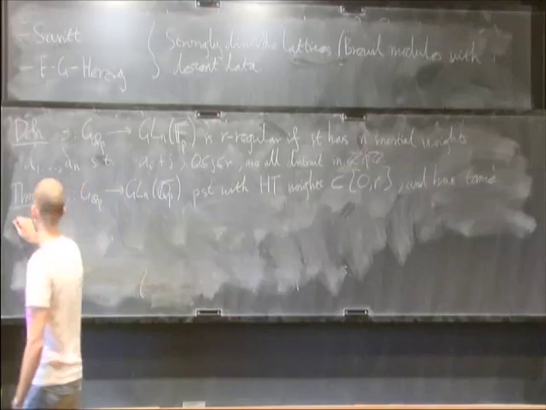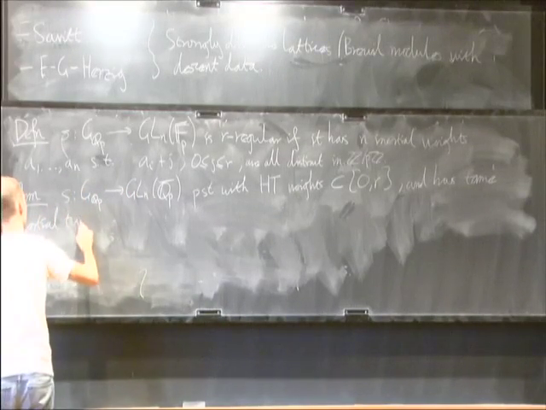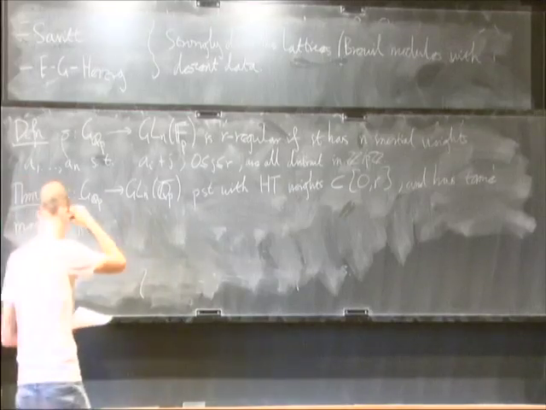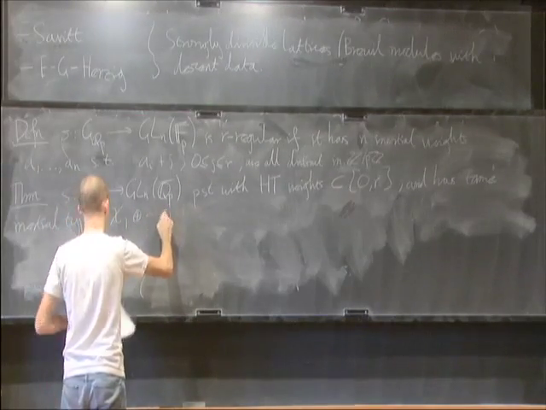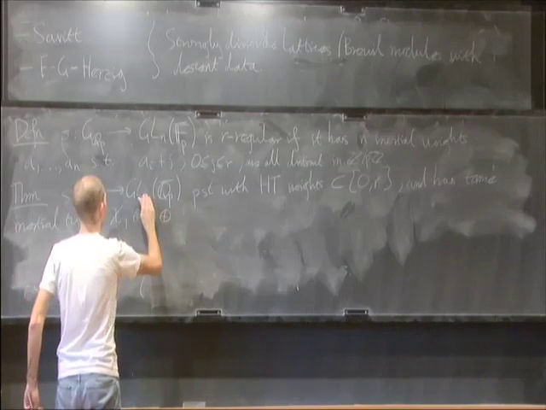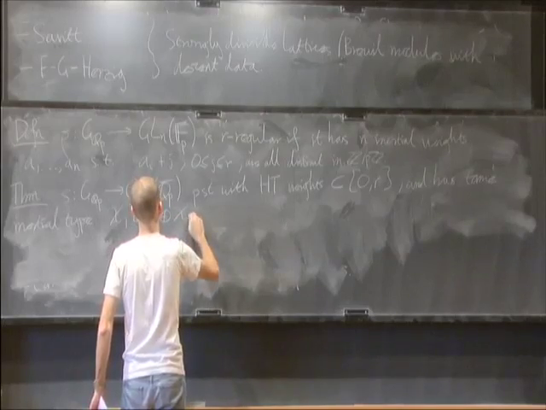So it's going to have semi-stable reduction over a tame extension, and this is going to be given by some characters, chi_1 up to chi_m. Sorry, I'm going to have an n-dimensional representation in a moment.